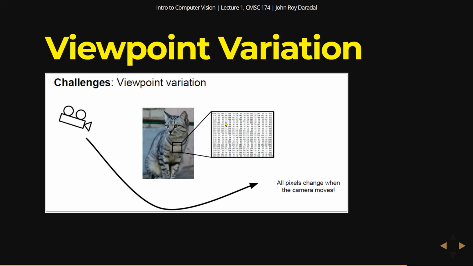For example, if I take a picture of this cat at this angle and then I move slightly to the right, like I tilt it to the right a bit, then the image that I capture on the next one would be very different from the image that I captured on the first one. Why is that? It's because the pixels change when the camera moves. So it would be a totally different bunch of numbers from the one earlier.